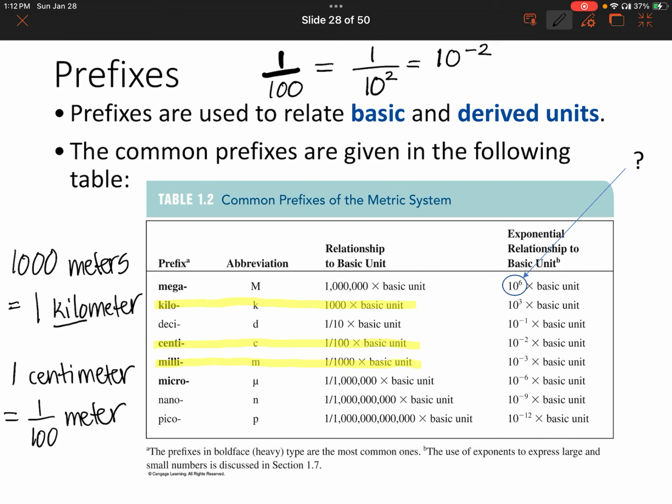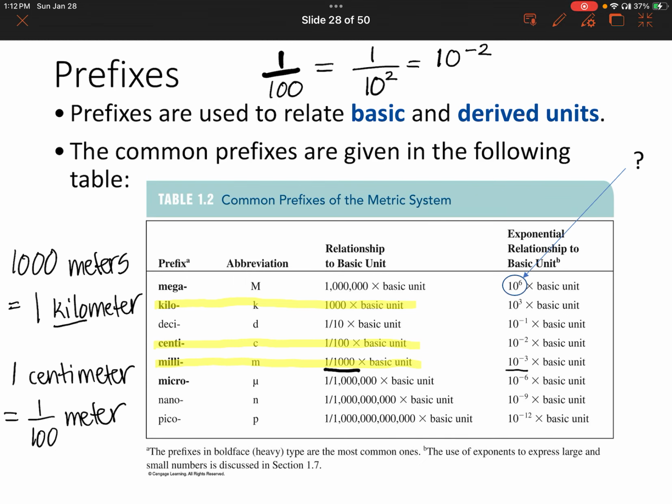So now it's 10 to the negative 2. And that's going to be the same for each of the smaller prefixes and their amounts. So you'll notice, for example, 1/1000th can be rewritten as 10 to the negative 3. So smaller numbers have negative exponents, larger numbers have positive exponents.